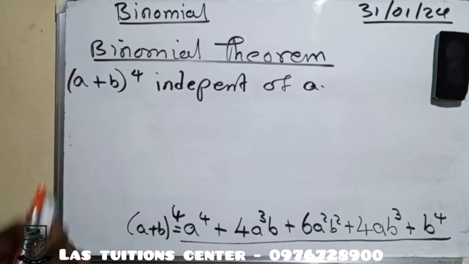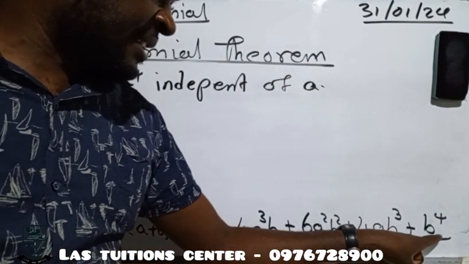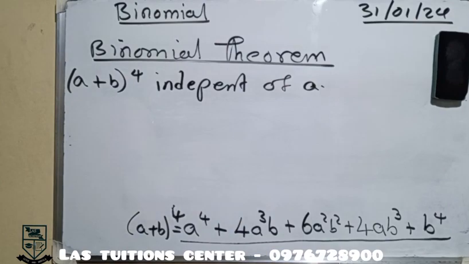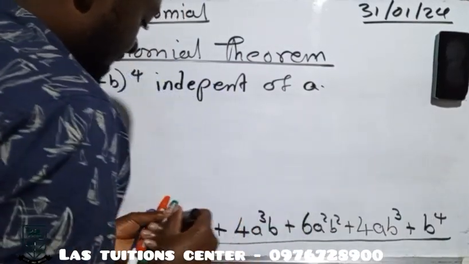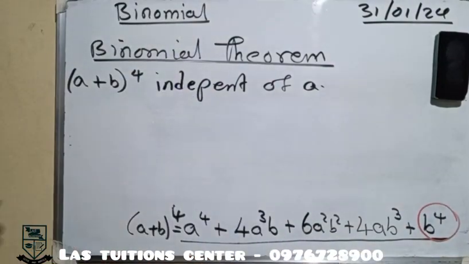When we look at this, the only term that doesn't have an a is the last term here, which is b to the power 4. So b to the power 4 is the term that doesn't have the a. So this term is independent of a.